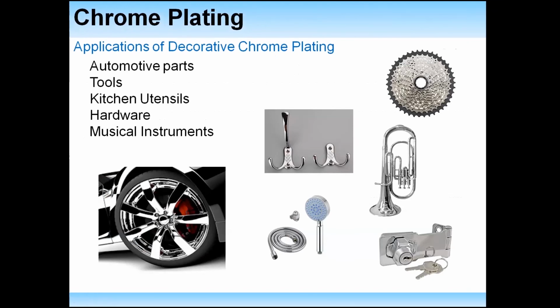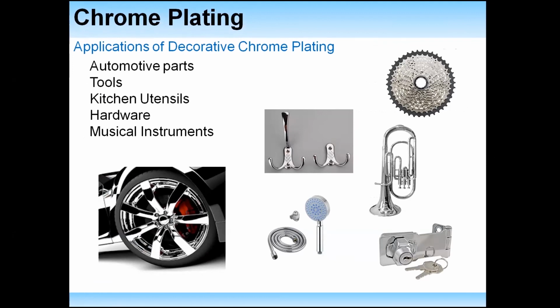Application of decorative chrome plating. Basic industries are automotive components, tools, kitchen utensils, hardware, and musical instruments also. So wherever you need higher corrosion resistance, where you need very high decorative looks, probably these are very useful and very highly used.